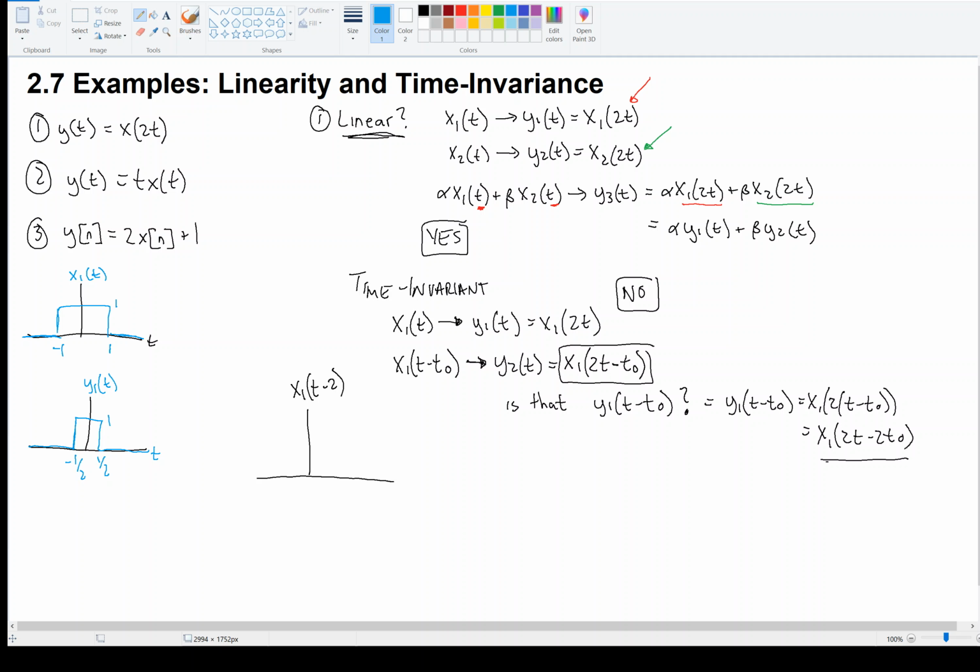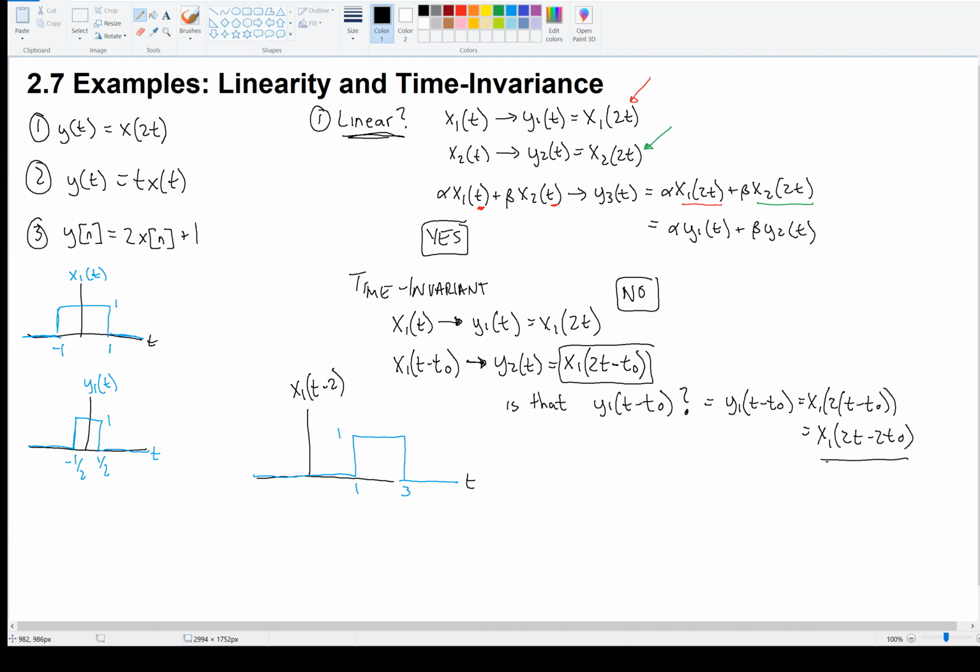Okay, what does that look like? Well, the left edge now is at 1, and the right edge now is at 3. This is still 1. So my t0 in this particular example is 2.